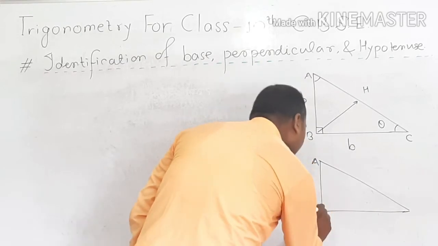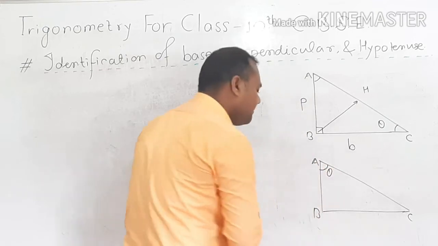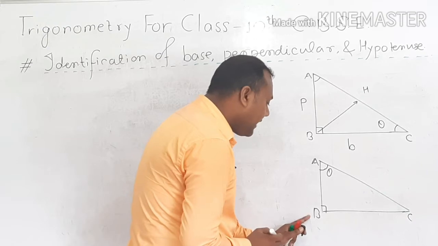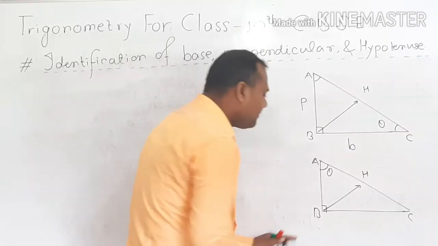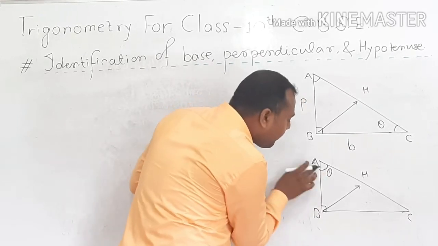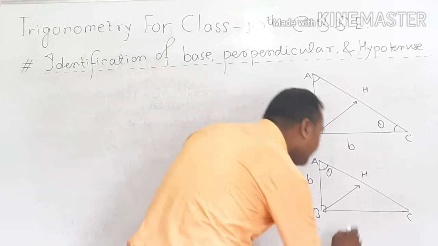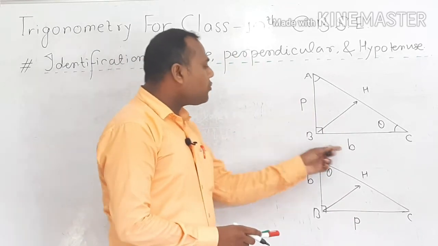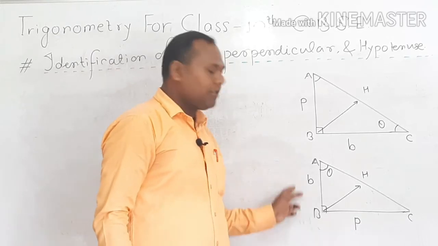This is the right angle, so this is the hypotenuse H, and if we put theta here, then the nearest part of the triangle is called the base, and the rest part of the triangle is called the perpendicular. So in these two figures you can see P and B are interchangeable.